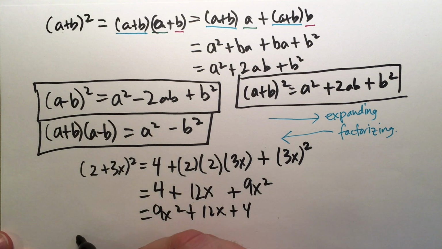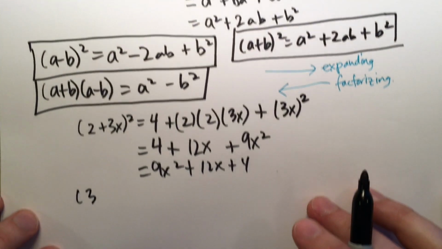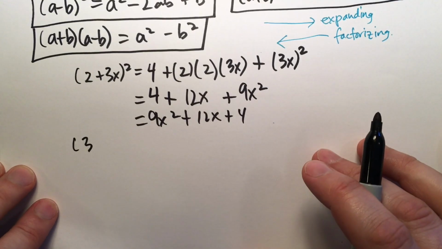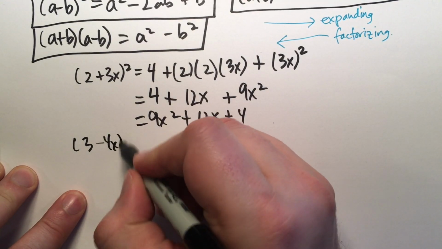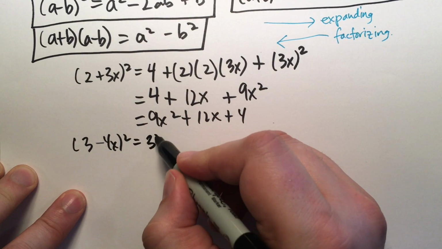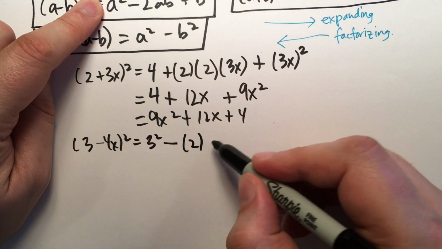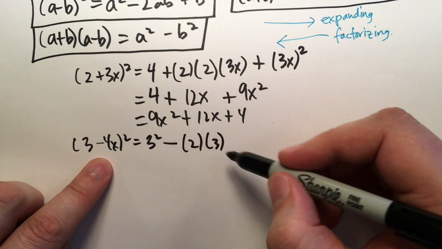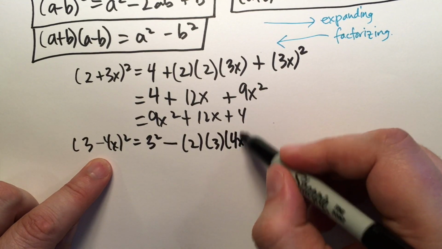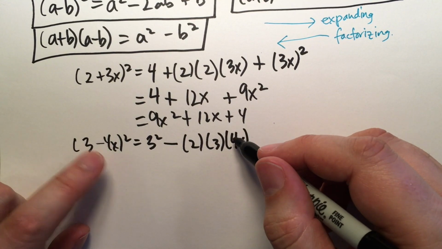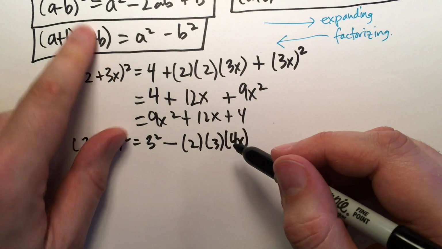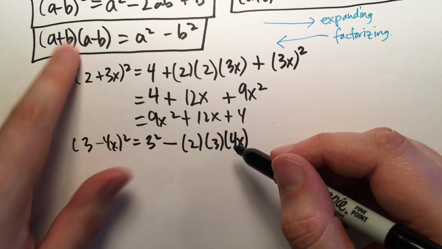And they have 3 minus 4x squared, so that's 3 squared. That's that first term there. Minus 2 times 3 from there times 4x. Notice I'm not bringing in negative 4x. I'm bringing in just 4x because the b is 4x. It's not minus 4x.